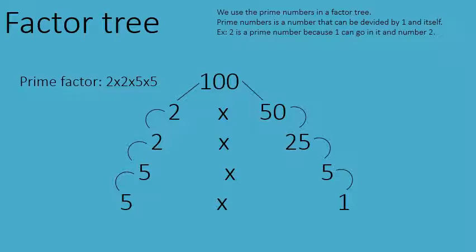So the next prime number is 5. How many times can 5 go into 25? Yes, 5. And then again, how many times can 5 go into 5? Once. So that means the prime factors is 2, 2, 5, and 5. So that is why we write it 2 times 2 times 5 times 5.